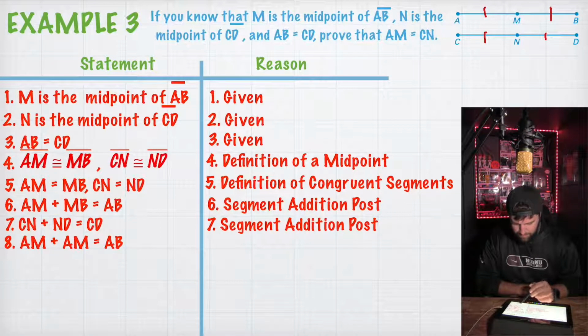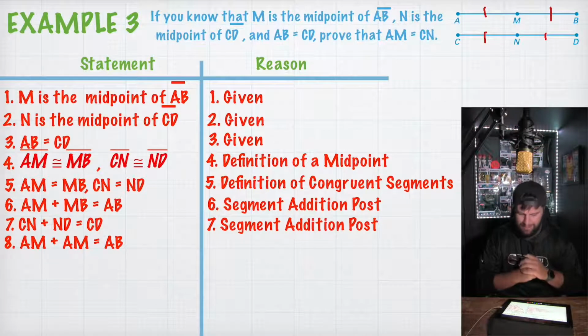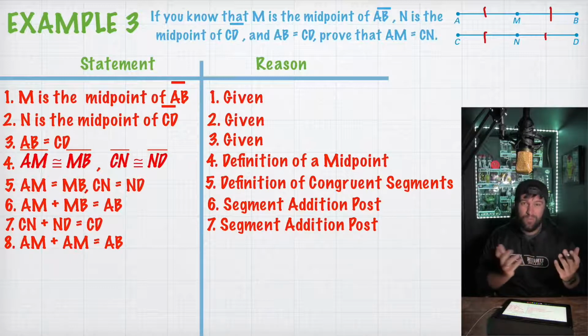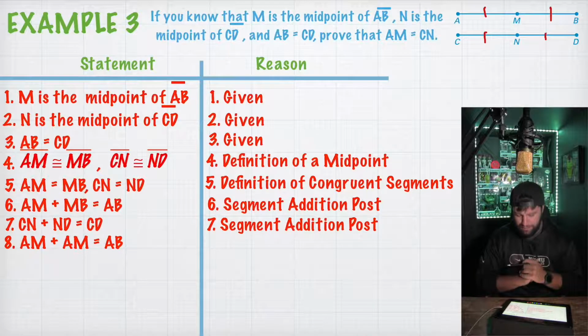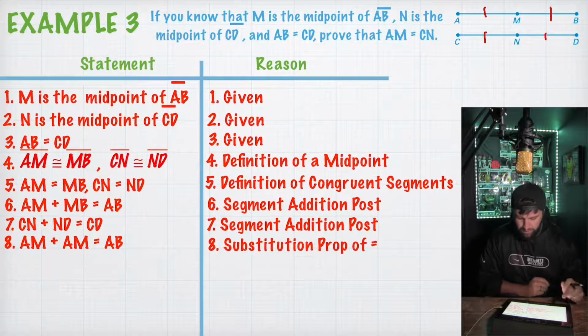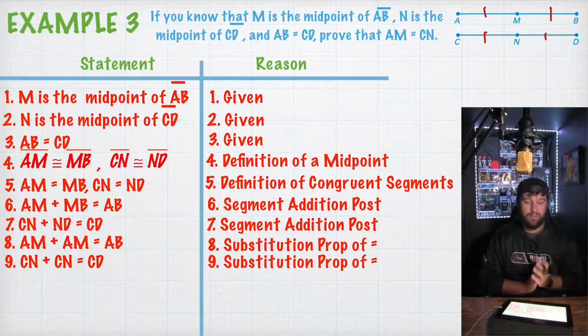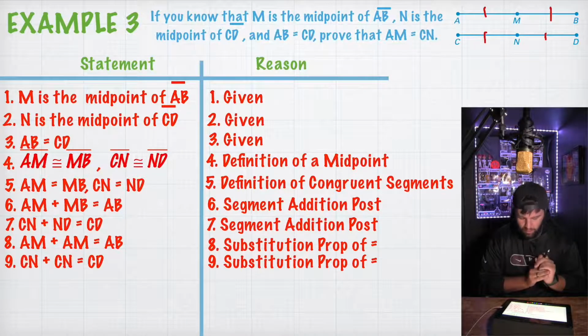So we're trying to eventually substitute in AM for AB and CN for CD. And we're getting kind of close, okay? We're going to do it again for this step, CN plus ND. We're going to substitute in another CN. And that was the substitution property of equality. My bad. CN plus CN equals CD. Also the substitution property of equality.